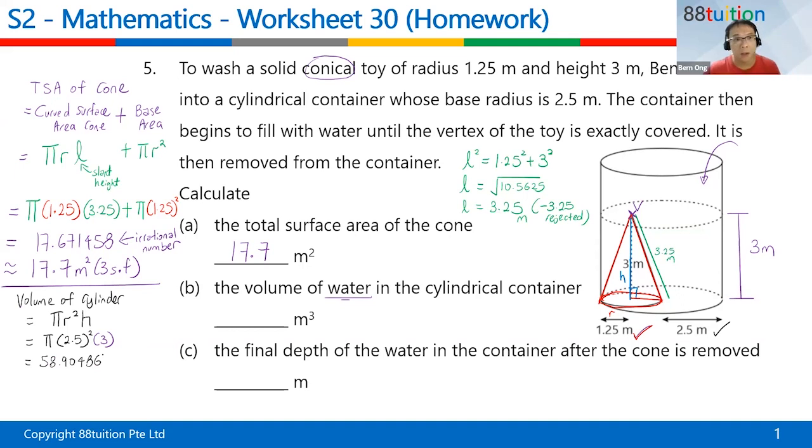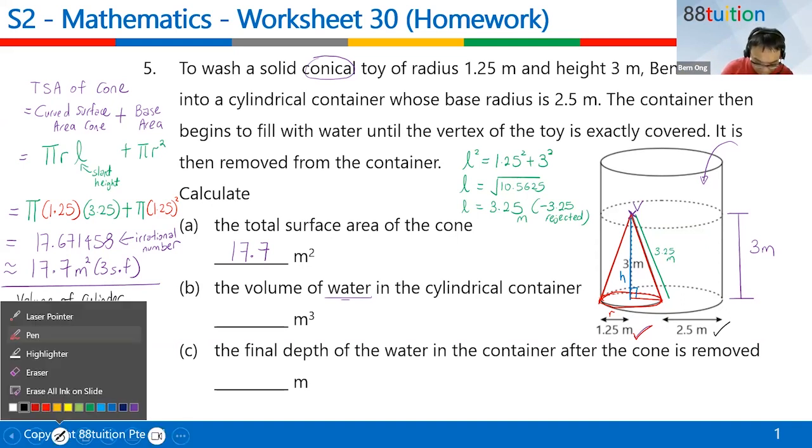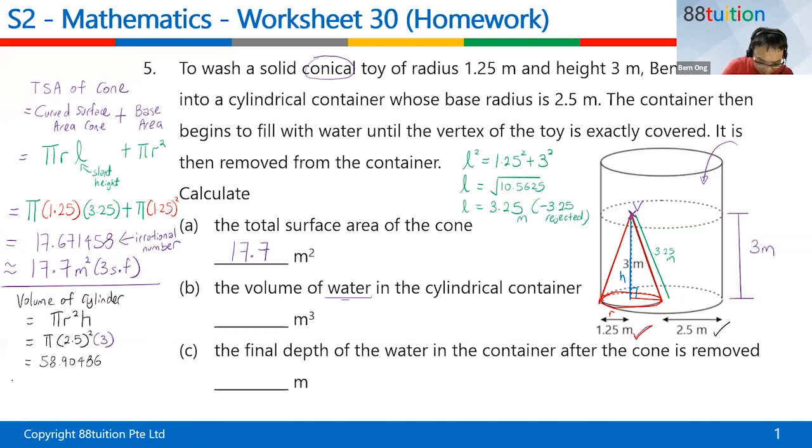But again, what happened just now? They removed the cone. So you must less out the volume of the cone, because you're looking for the volume of water in the cylinder. So you must take out the cone. 58.90486 must less out the volume of cone.